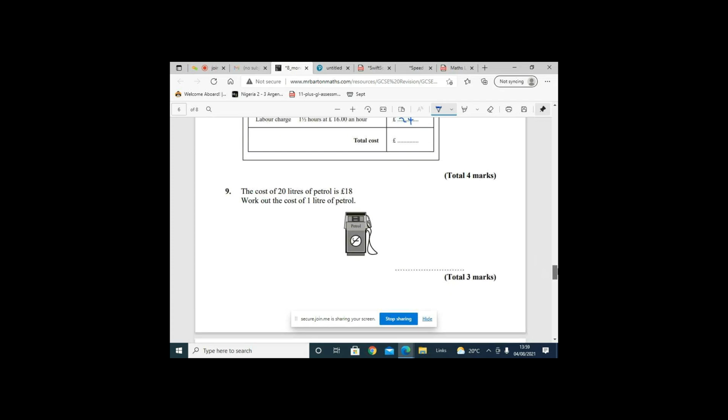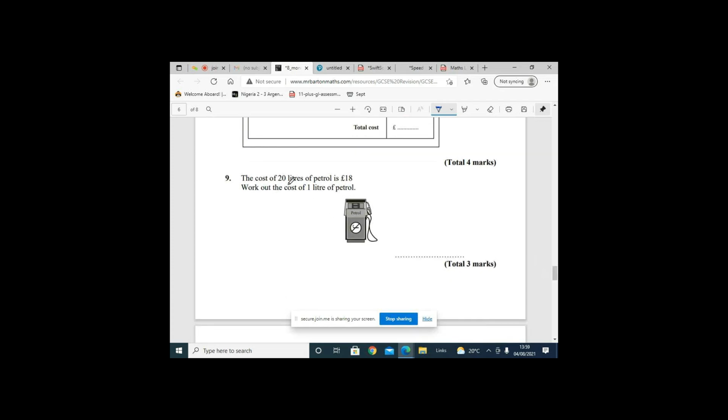So look at this question. It said the cost of 20 liters of petrol is £18. How much is 1 liter of petrol? This is also rate. 20 liters cost £18. So how much is going to be 1 liter? We know what to do? Yes, 18 divided by 20.